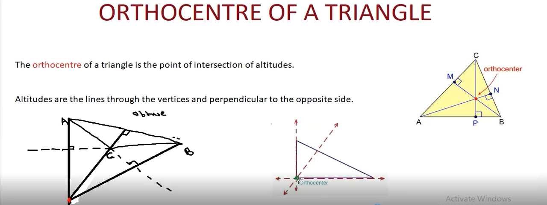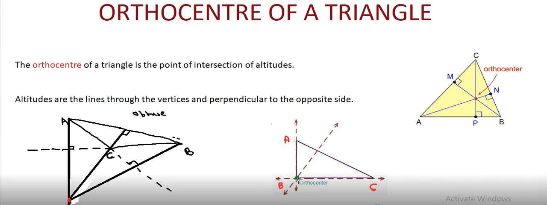Here the angle is 90 degree. So I am naming this triangle as A, B and C. If I consider the vertex A, the opposite side of the vertex A is BC, and we know that the altitude is the perpendicular line from A to the side BC.